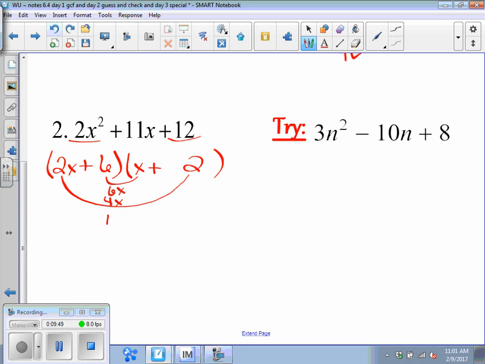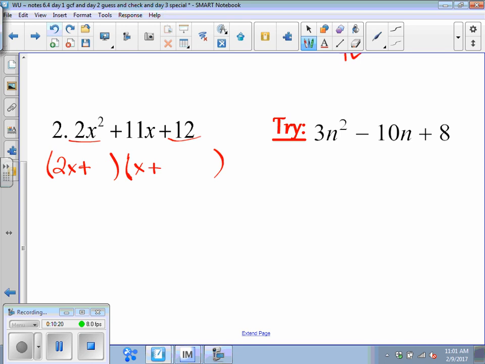No. Now, before I switch my factors completely, you should try just reversing the ones that you have. So we tried 2 and 6. So the inside gives me 2x, the outside gives me 12x. Is that right? Nope. Okay, so done with 6 and 2.